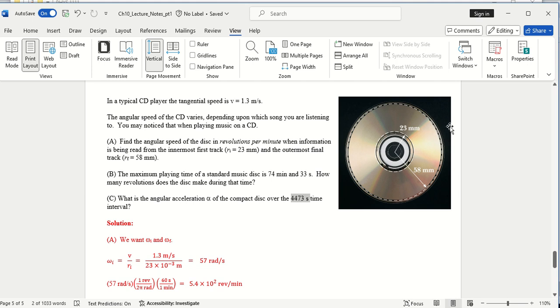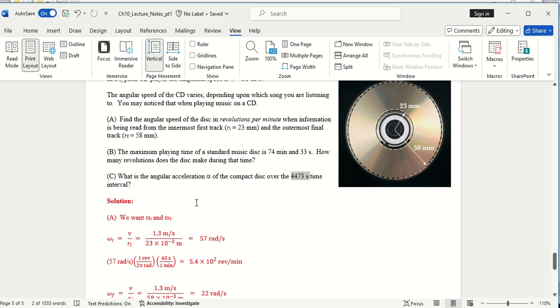So essentially, I want omega initial when you're listening to the innermost track, omega final when you're listening to the outermost track. That's part A. If you play the whole CD, how many revolutions does the CD make? And then what is the angular acceleration as you're listening to that CD?